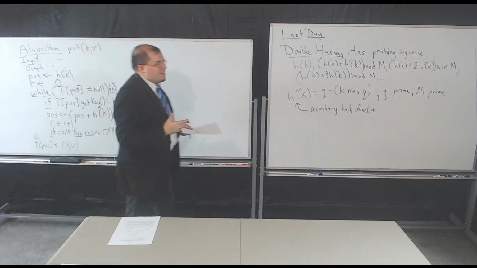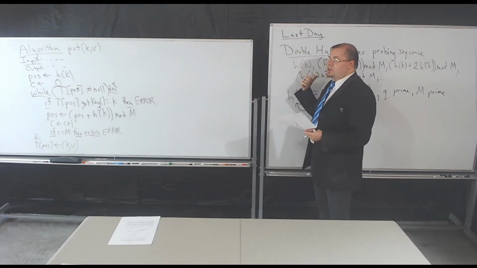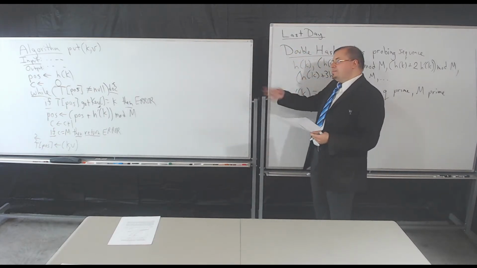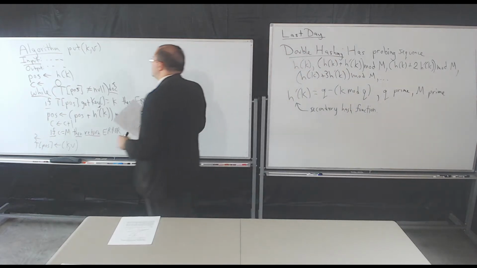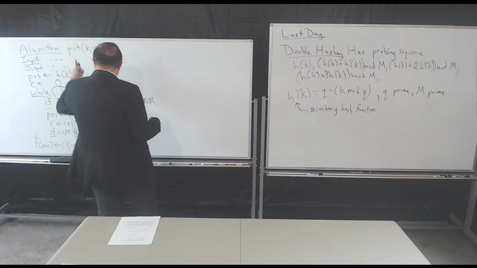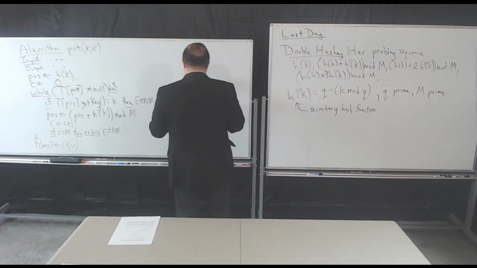Remember, so I really haven't changed a whole lot. Remember, the secondary hash function can be computed in constant time. So all your complexity results that you know for linear probing are the same here. Just a reminder, this takes worst case linear time, just like it did in linear probing.